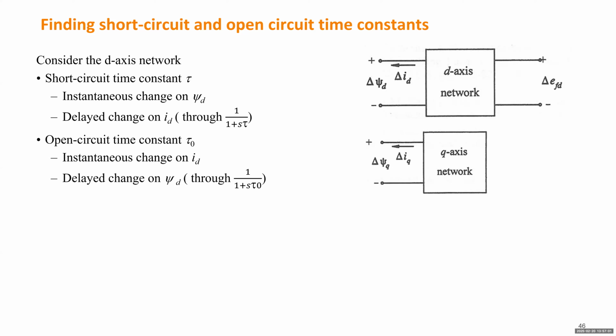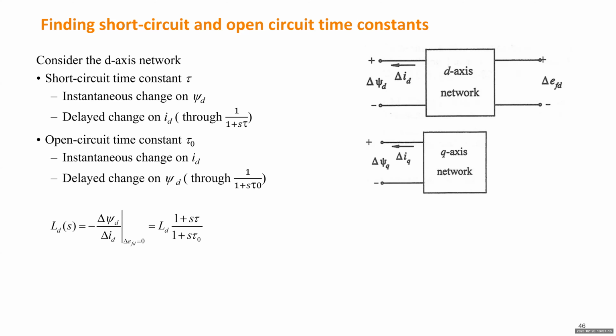But here we use tau zero. Zero just means open circuit, to be differentiated from short circuit. We haven't figured out what that tau 0 is, but we just utilize this idea.